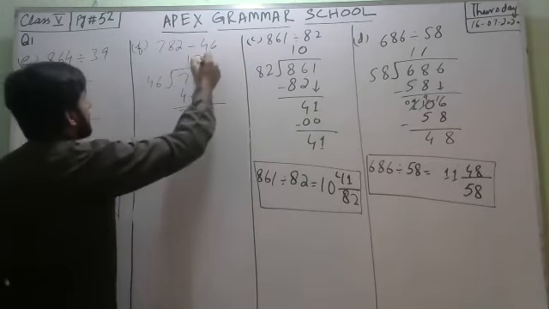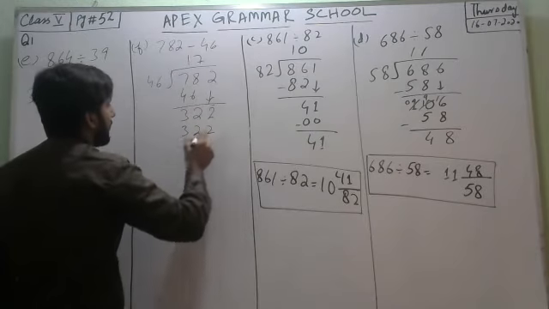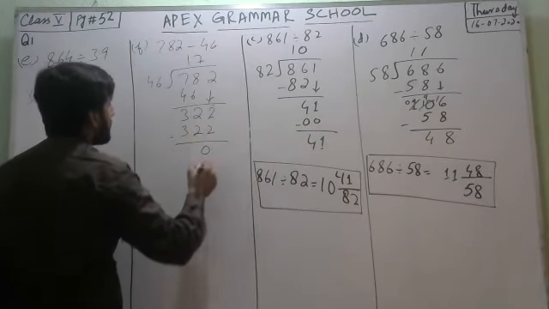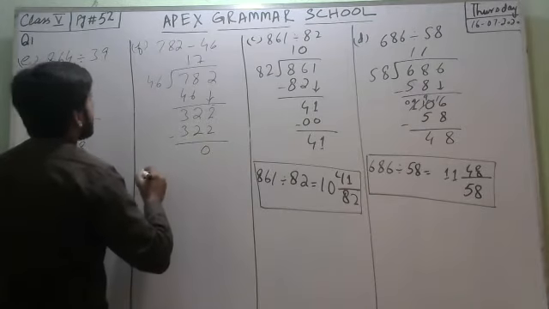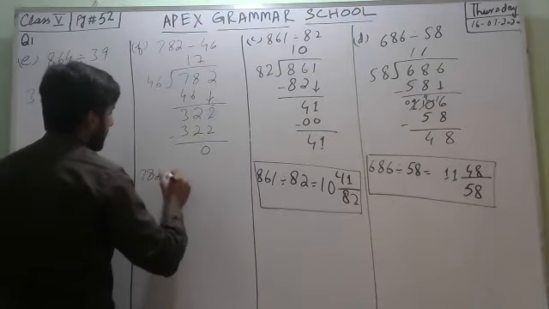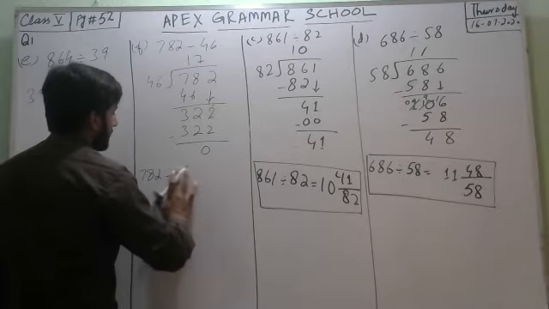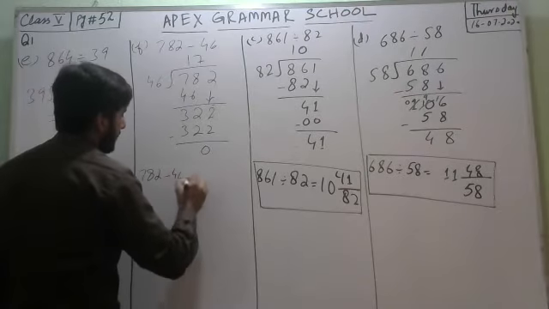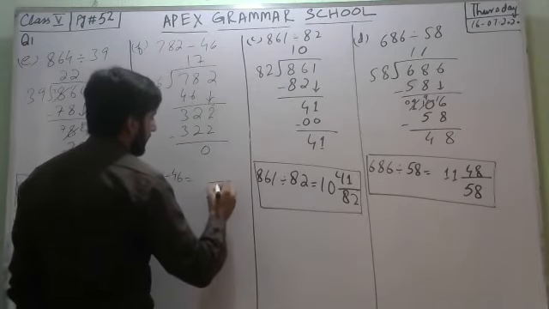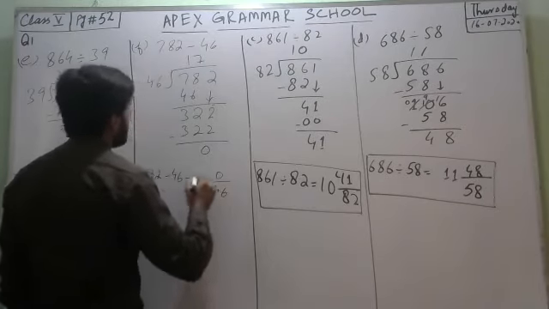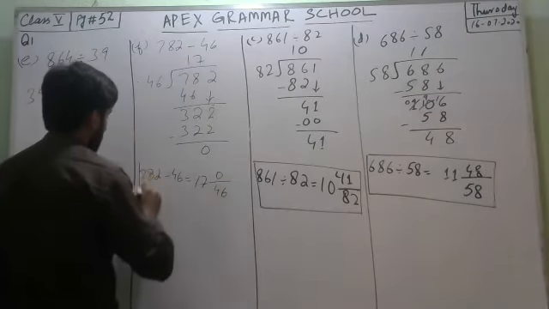Now 46 sevens are 322. Remainder is 0. So 782 divided by 46 equals to divisor, remainder, quotient.